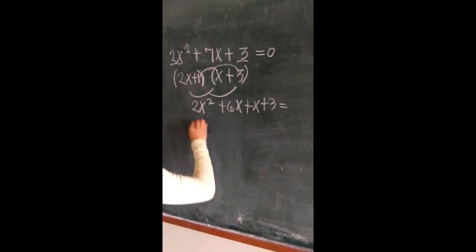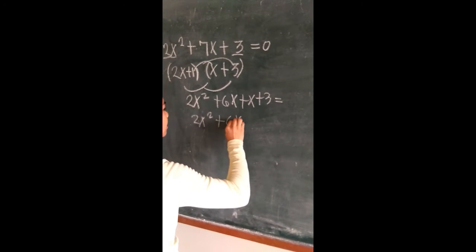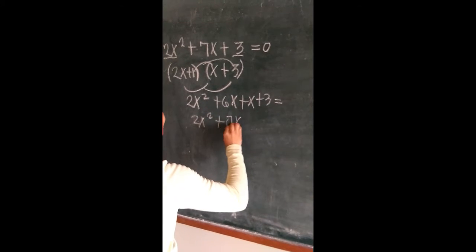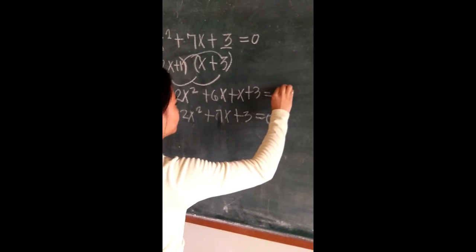So, we have 2x squared plus 6x plus 7x, rather, plus 3 equals 0.